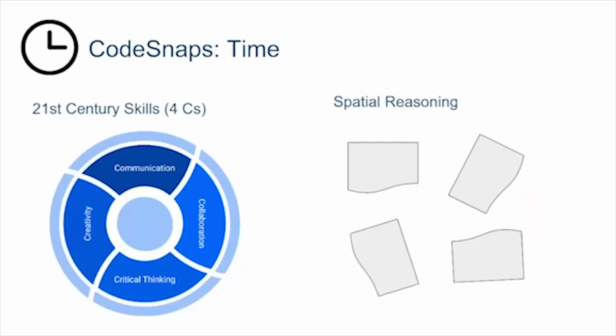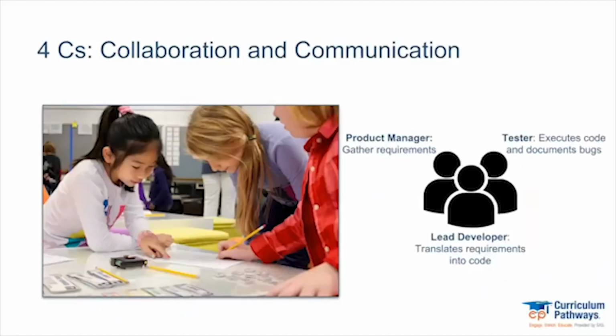We've also worked on understanding how CodeSnaps can improve spatial reasoning, which is a key STEM skill. It is very important as students progress in their math and science courses to have spatial reasoning to be able to represent problems. And so CodeSnaps is a great challenge for improving those skills as well.